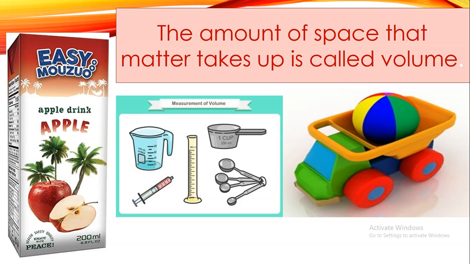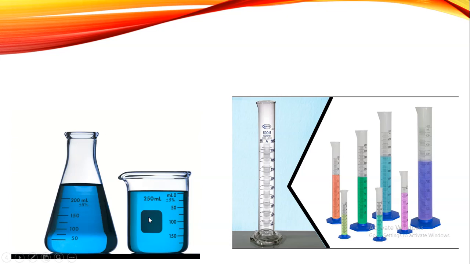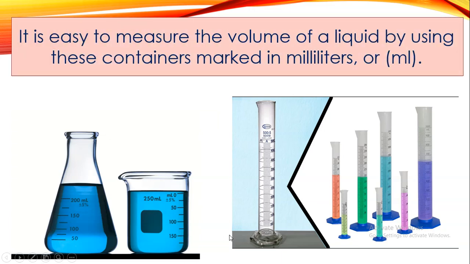Volume is often measured in cubic centimeters. Look at this picture. These are measurement cups. This is a beaker. Now, it is easy to measure the volume of a liquid by using this container marked in milliliters.